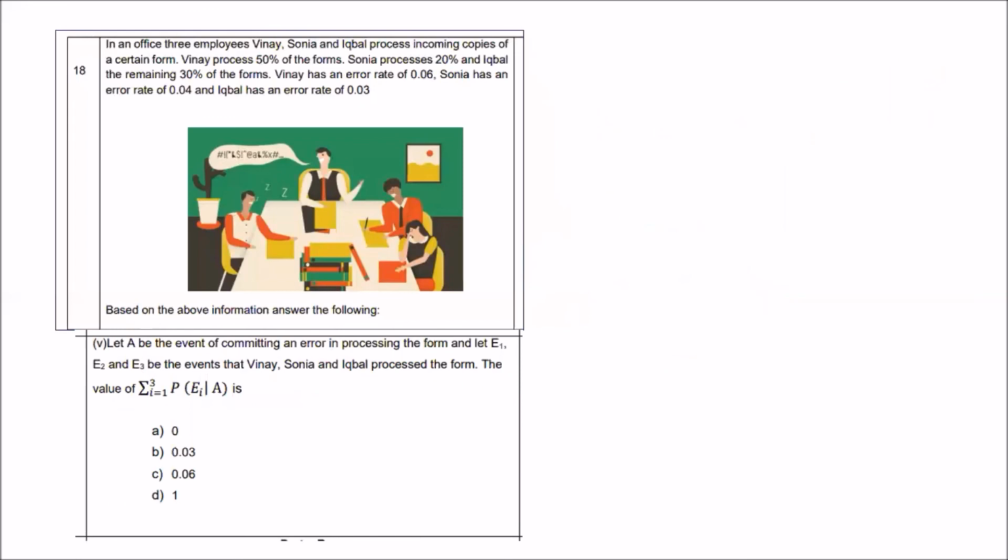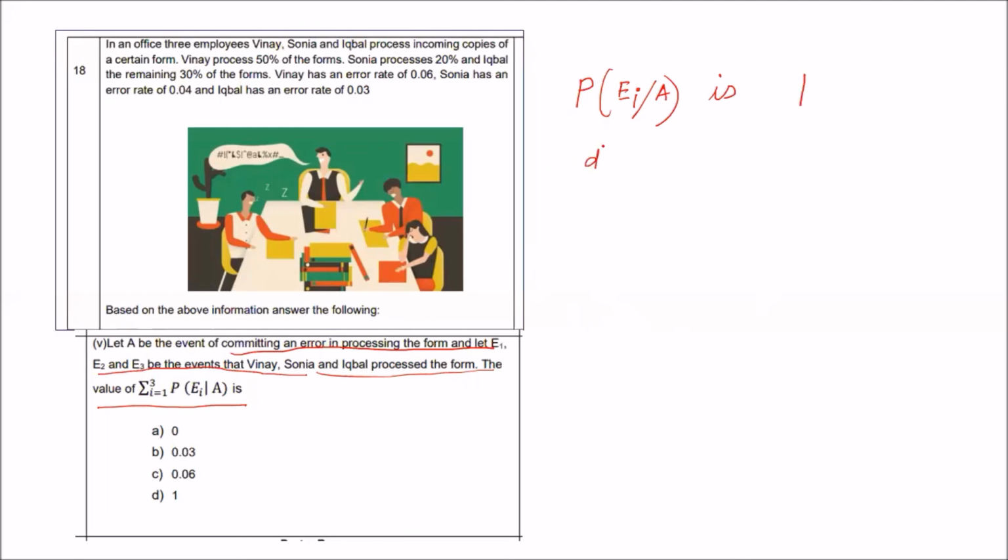Now coming to your last one. If A is the event of committing an error processing the form, and E1, E2, E3 are the events that Binoy, Sonia, Iqbal process the form, then the summation of probability of E_i given that an error has already been committed is always 1.